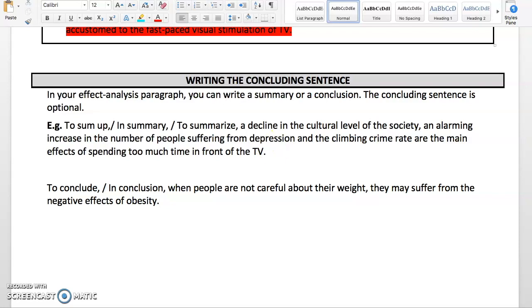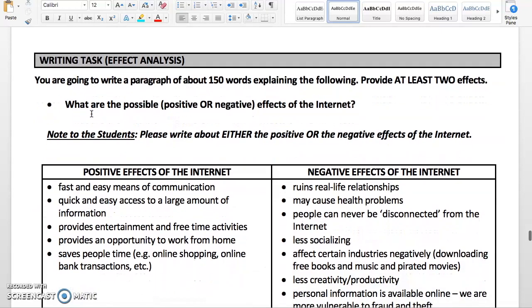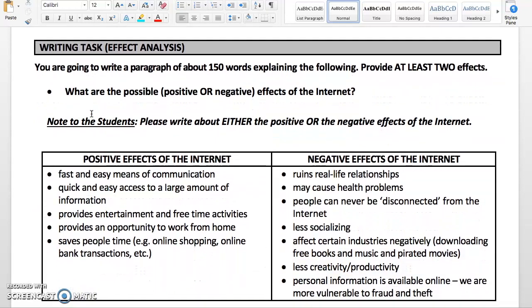All right. Now I'm on page 8, and we have the writing task here. What is it? You're going to write a paragraph of about 150 words on the possible effects of the internet.